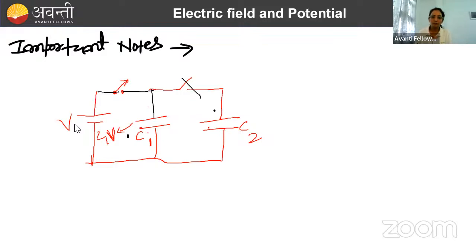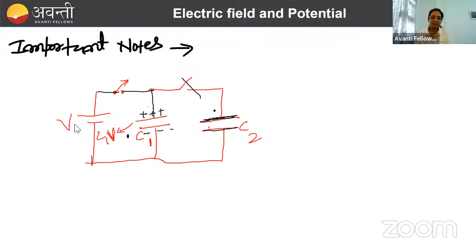So this C2 is not connected to any battery, it is disconnected already from the circuit, but it is connected to another capacitor which is charged. So it had a positive charge and a negative, because it was connected earlier to the positive potential of the battery. It had charge C1V. And this capacitor plate has no charge, its potential is zero.